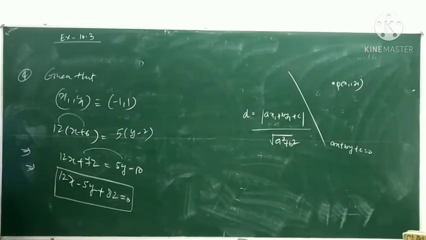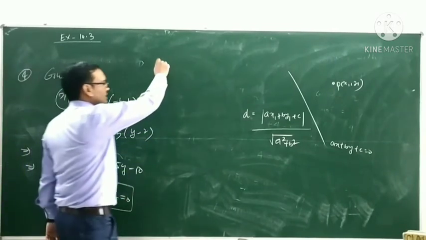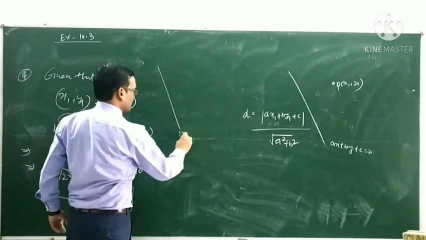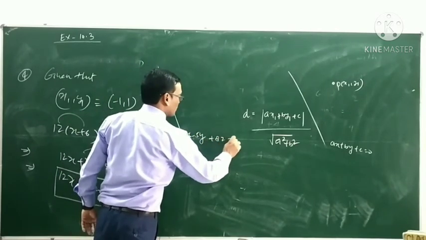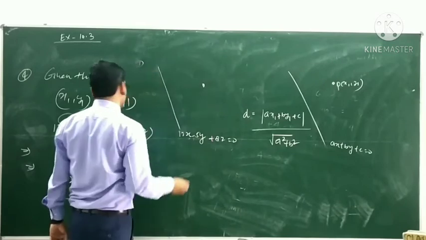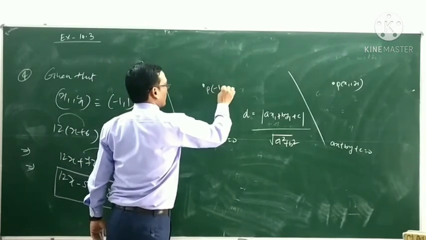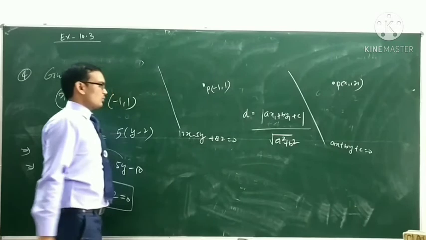We find the distance of a point. Suppose here the equation of the line is 12x minus 5y plus 82 equal to 0. Here the point P is minus 1 comma 1.